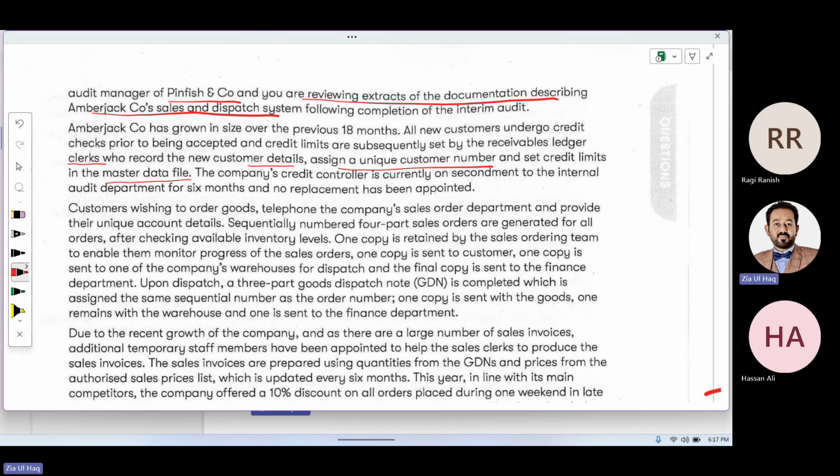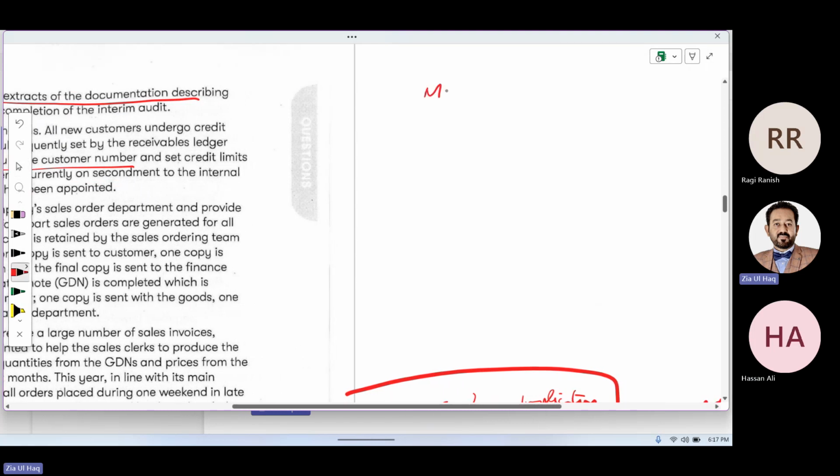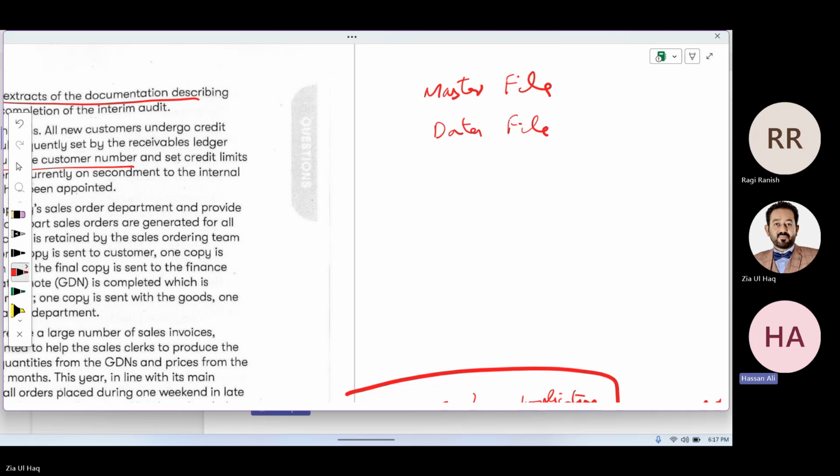If a company has a computerized system, I mean the company is processing everything through software, in software there are 2 types of file. One is called the master file and the other is called the data file. We enter all the accounting entries into the system through the data file. I mean, we enter data into the system for processing from the data file.